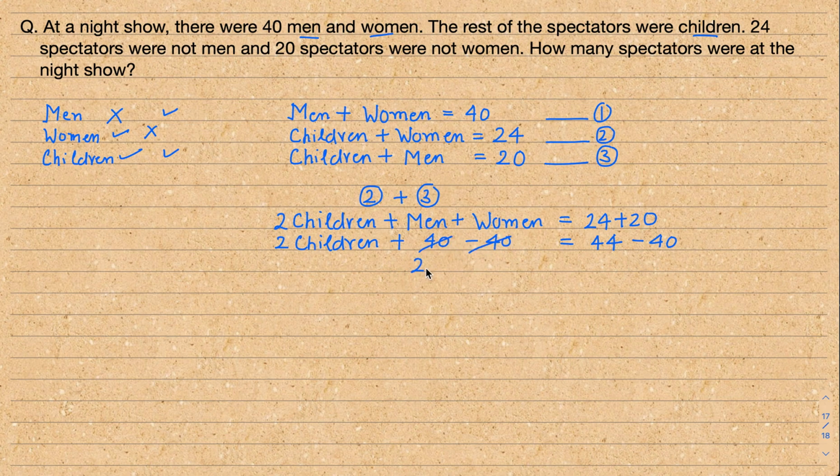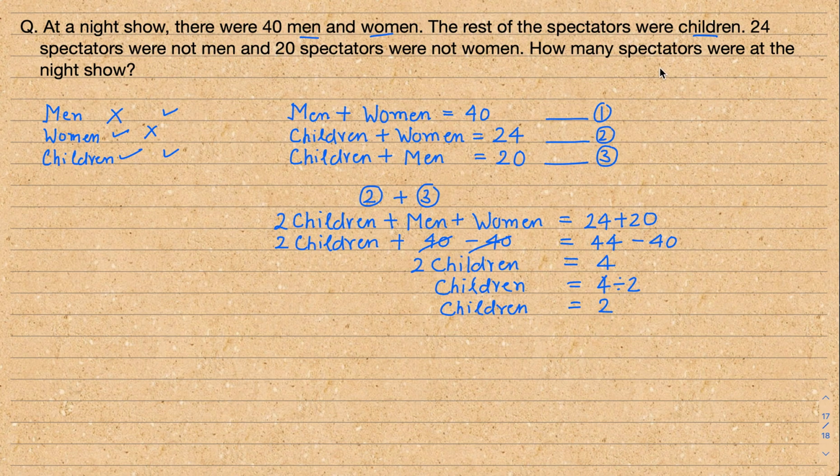On the left hand side we are left with only twice the number of children equals 4, because 44 minus 40 is 4. If twice the children is 4, then children equals 4 divided by 2, which is 2. There were only 2 children at the show.